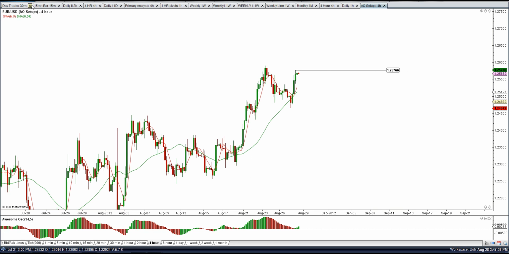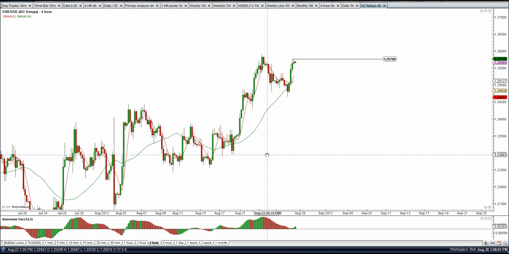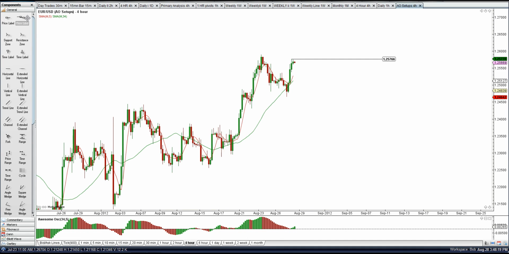So we will start with the Euro US dollar. Right now, we're looking at a possible saucer. We need to close above 25.76 for that to kick in.